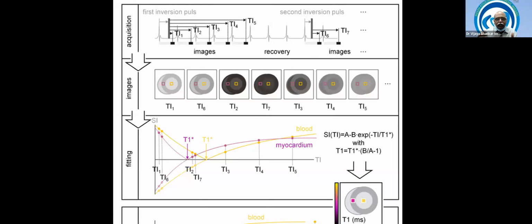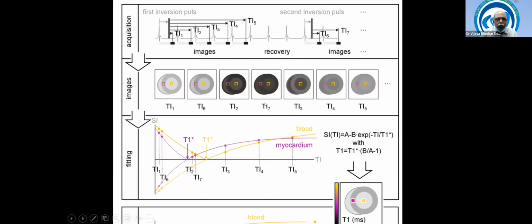For long T1 recovery, you have to give some time for fluid signals having long T1 to recover and give signal. That is why you give a 3 heartbeat gap for recovery, and acquire more TI with offset inversion recovery pulses. So you are acquiring about 8 images.